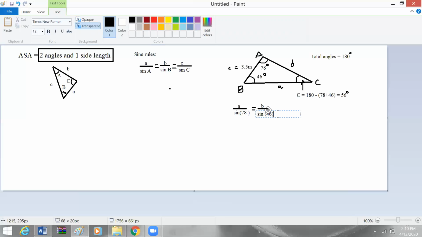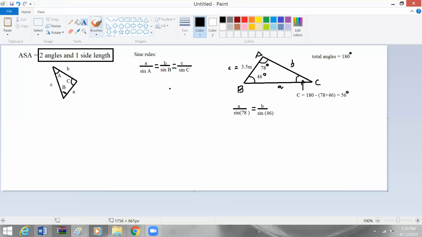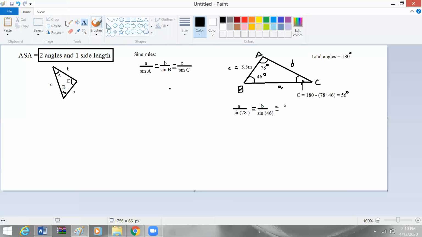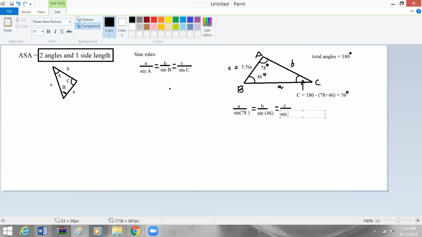And finally, here we have the C. The C is the thing that is given. Remember that. The question gives us the two angles, 78 and 46 degrees, and then the length, which is 3.5. So the side length c that we have here will be known. So this part we can rewrite as sine of 56 degrees. Where is the 56 coming from?